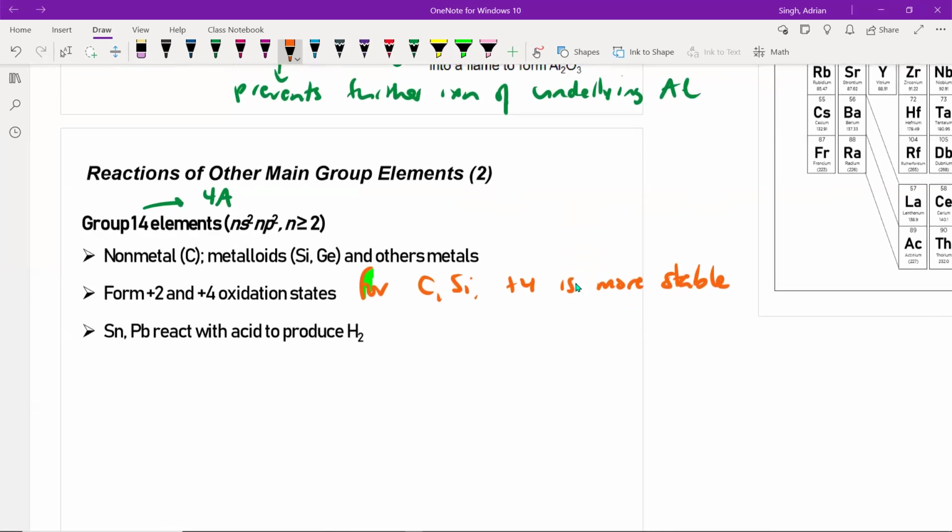So the last two elements in that group, tin and lead, for instance, so Sn and Pb, they are metals, obviously. They don't react with water, so they're fairly unreactive. But they can react with acid to produce hydrogen gas.